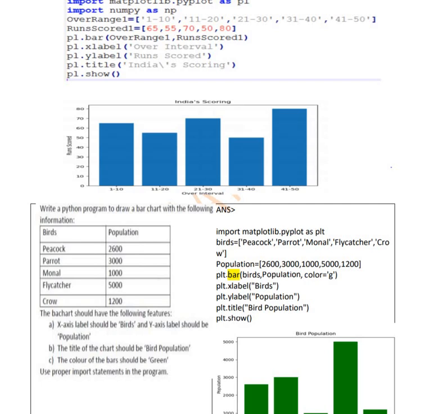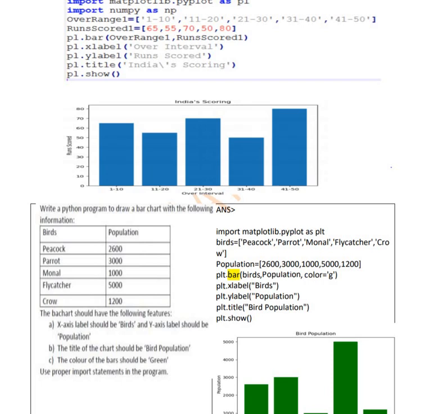The next line is about xlabel, which as per the question should be birds, ylabel which should be population, and title should be birds population. All the functions xlabel, ylabel, title, show, and bar, all these functions we are using are of which module? matplotlib.pyplot, and we have given the alias plt here.